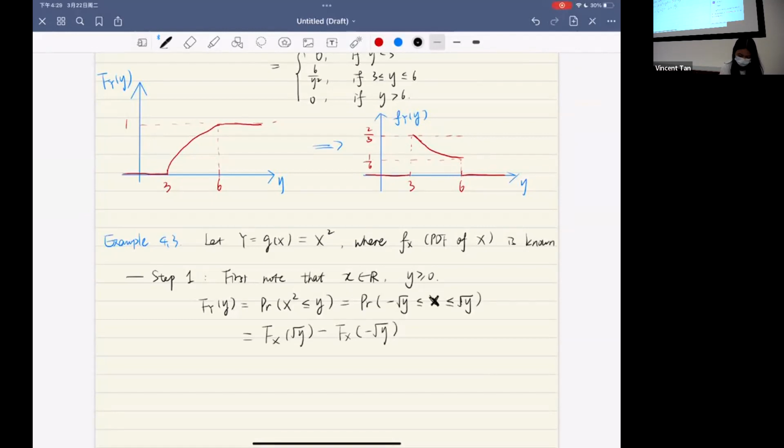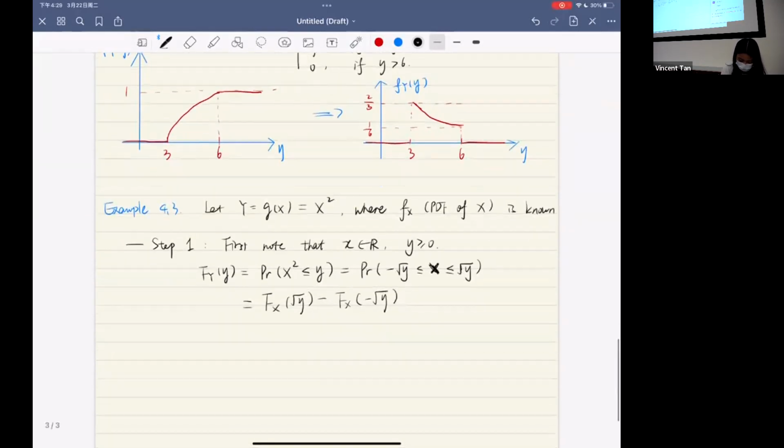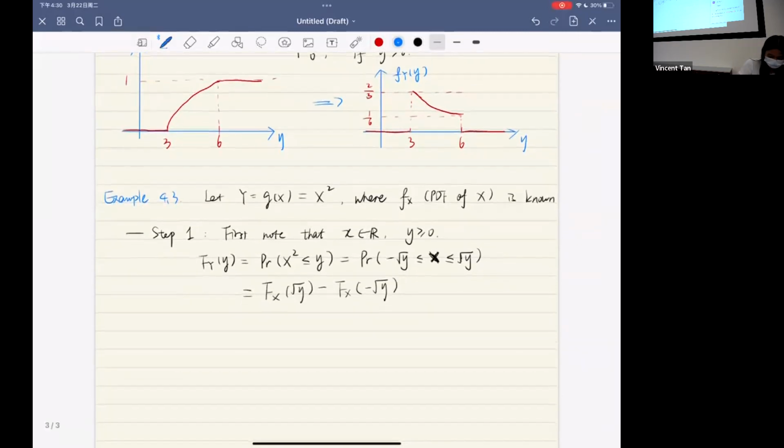This is just equal to the gap between F_X square root y minus F_X minus square root y. So for now, we can represent the CDF of y using the CDF of x here.